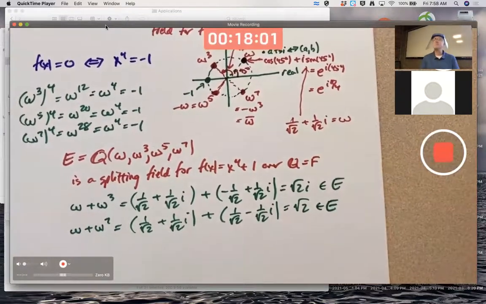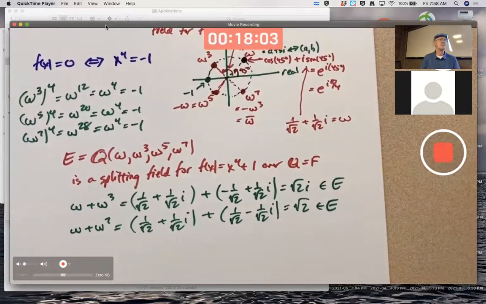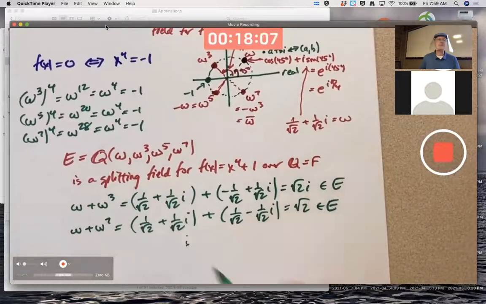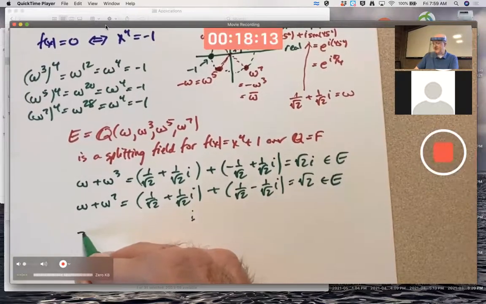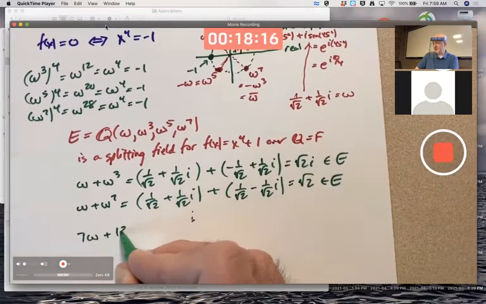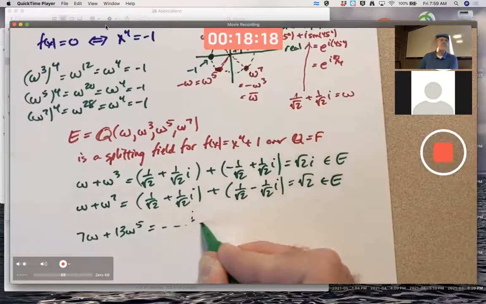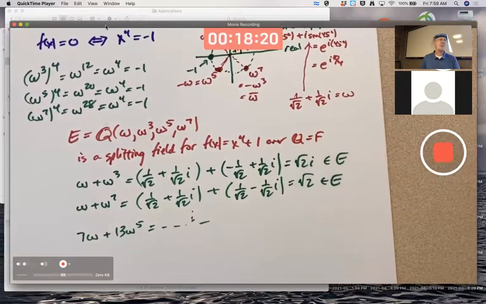It's closed under multiplication. It's closed under addition. And there's infinitely more examples you could think about as well. You could do 7 omega plus 13 omega to the 5th or something. That would be in E as well. Whatever that happened to be.